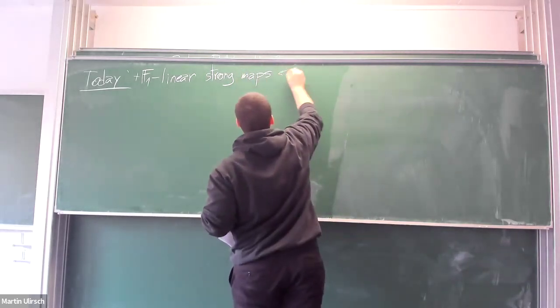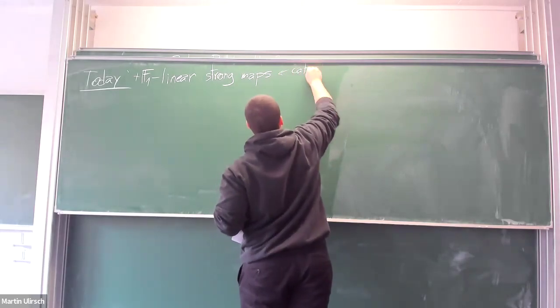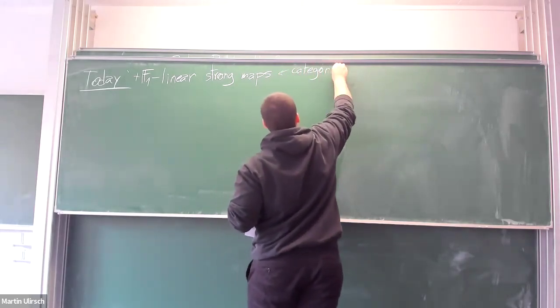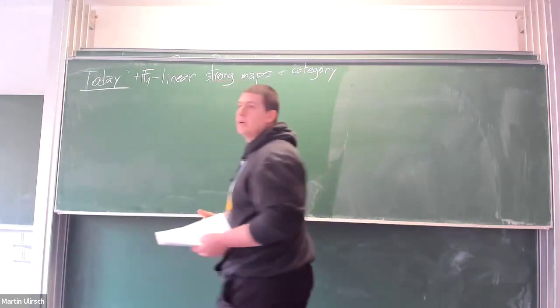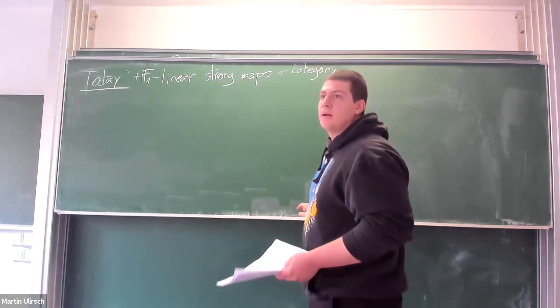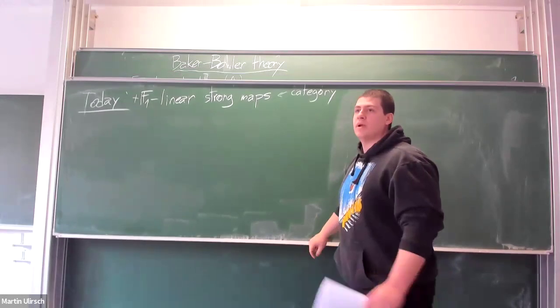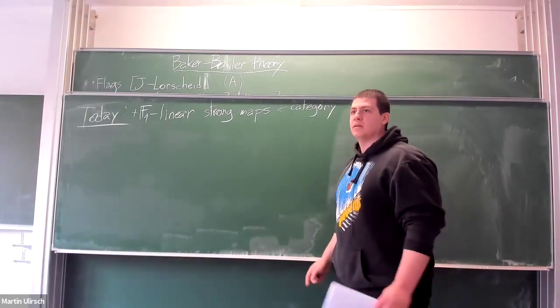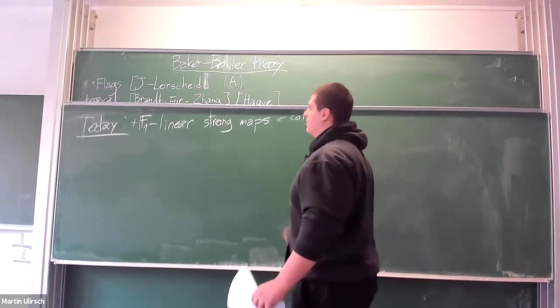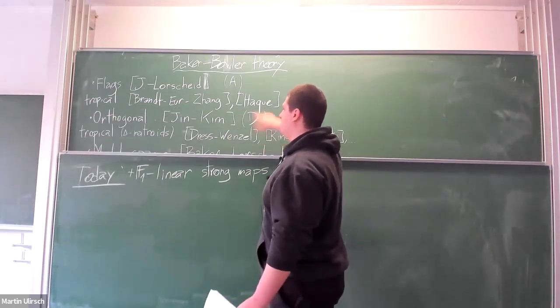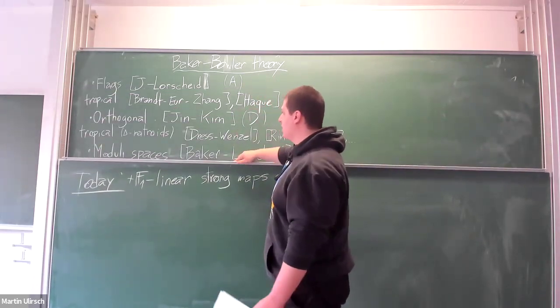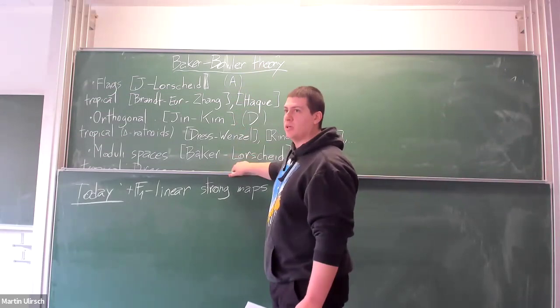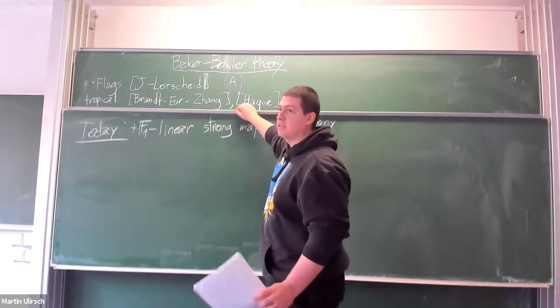And with this, we will have a nice category. The previous framework of Baker-Bowler wasn't a category, but we have nice objects. And here we have other types of objects and a nice geometry, but now without a category yet.